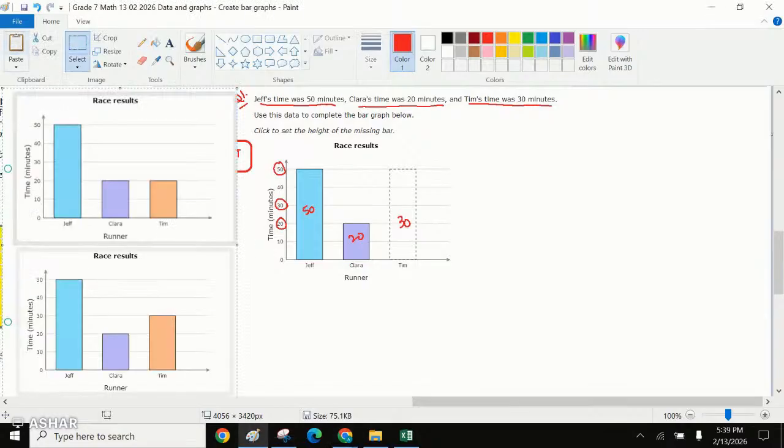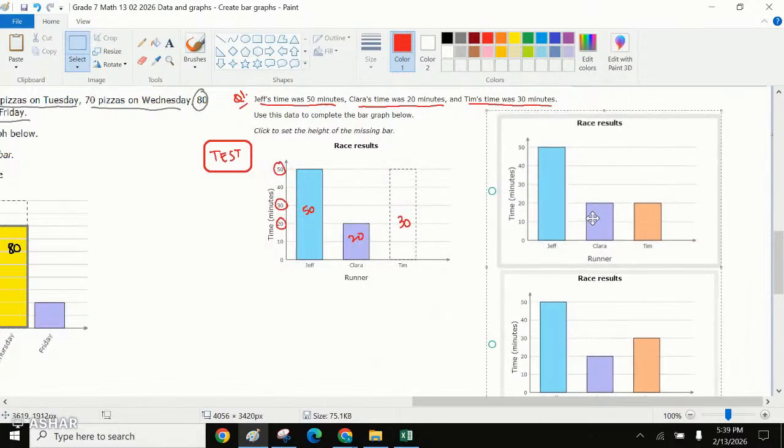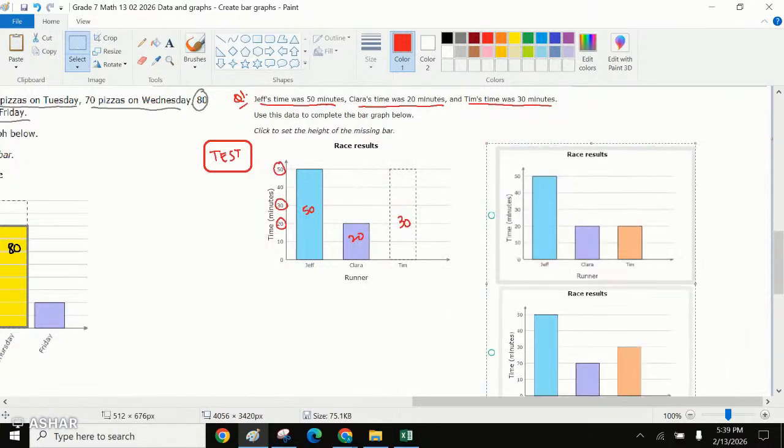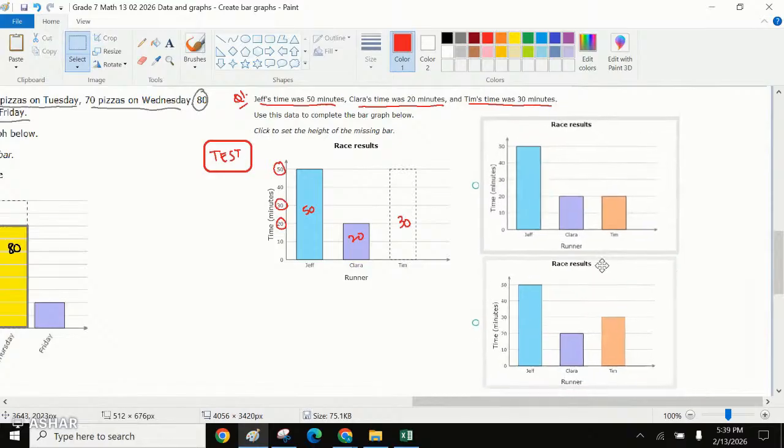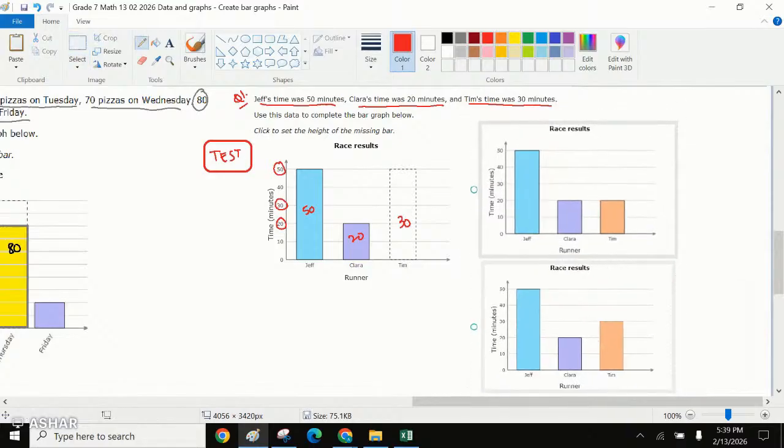Okay. If this is option A and option B, we see this was 50, agreed. This was 50, agreed. The next one was 20. This is clear. Okay, when we are looking at the options, we would have to check all 3.